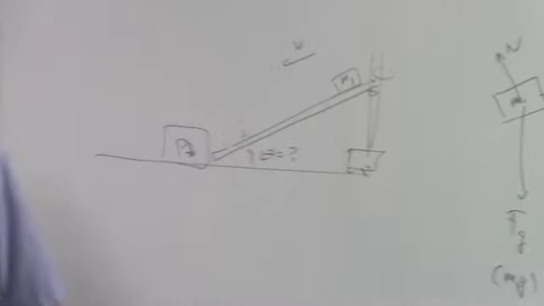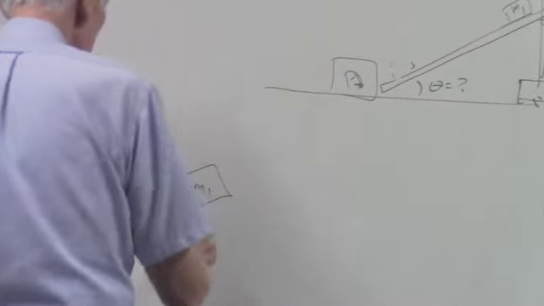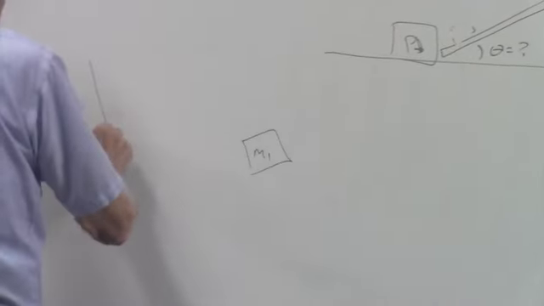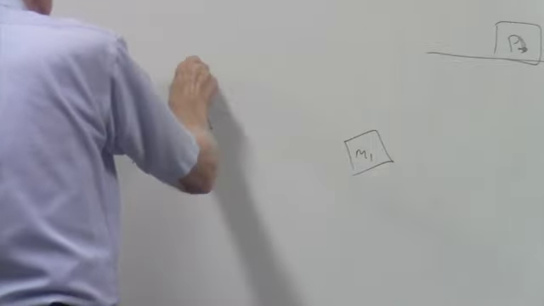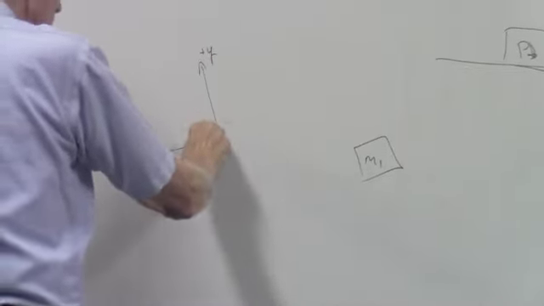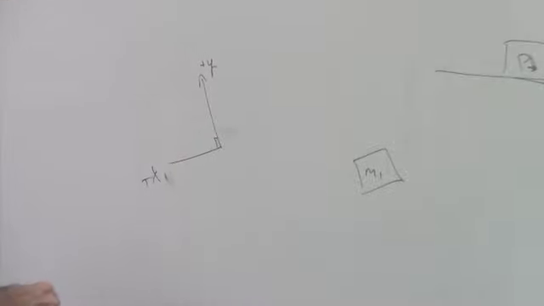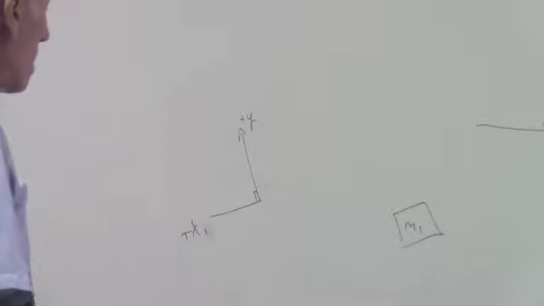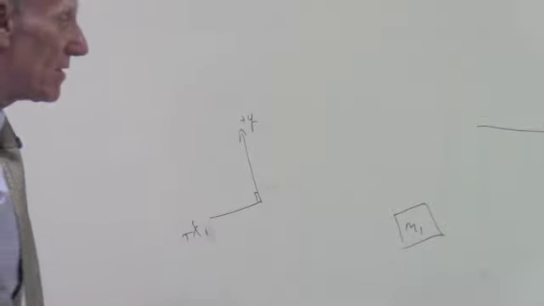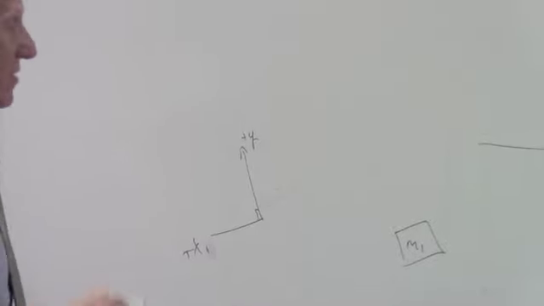So let me draw mass 1 over here, and so this is the plus x direction, and this is going to be the plus y direction, of course, perpendicular to it. So the normal force is in the y direction. The frictional force is in the x direction. That's good news.